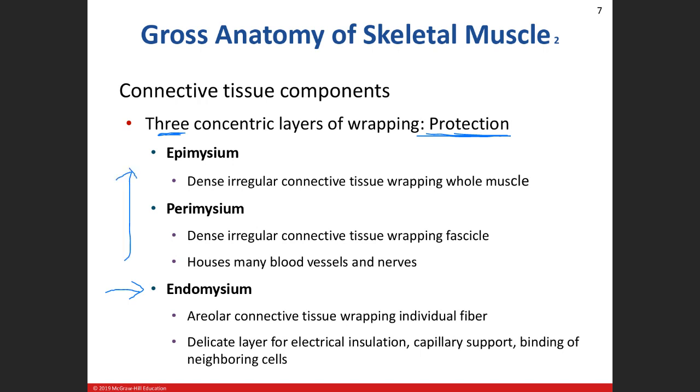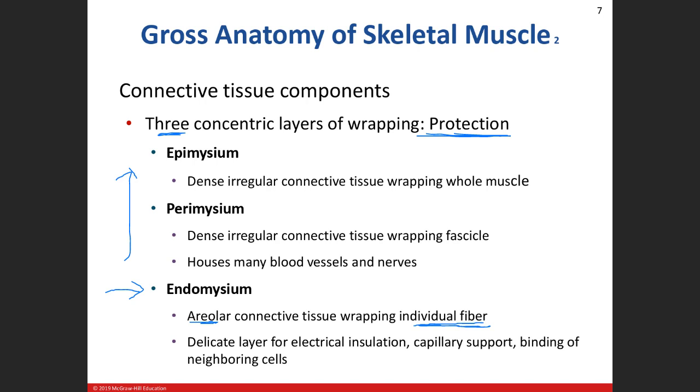So the endomysium is the connective tissue layer that wraps around each individual muscle fiber or cell. It's a loose connective tissue. Well, guess what? Endoneurium was loose connective tissue that individually wrapped around each neuron.